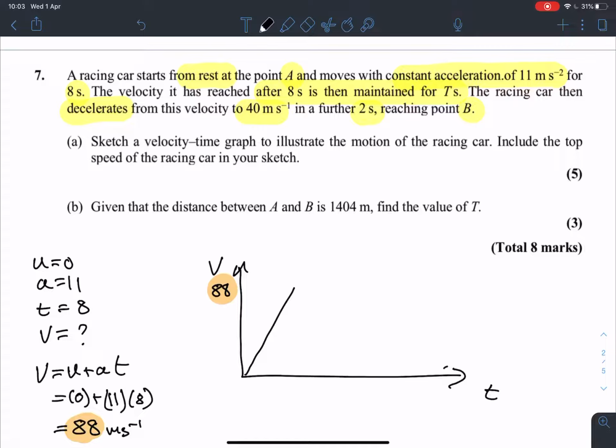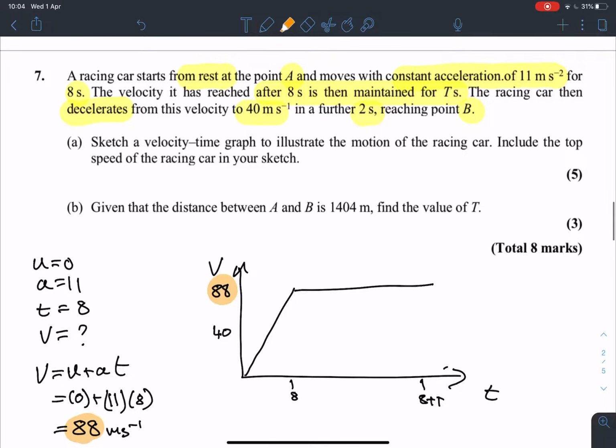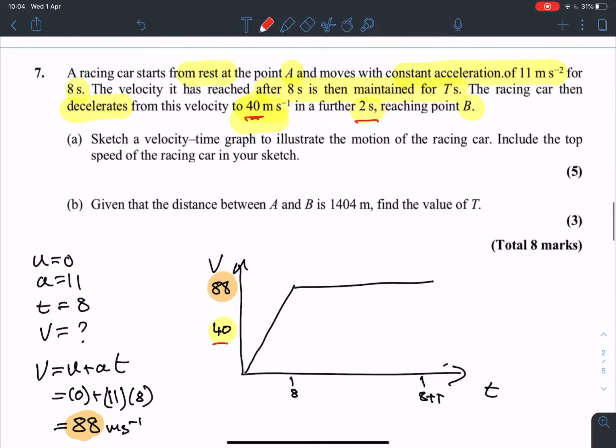And then we've got constant speed. That was acceleration for 8 seconds, constant speed for t seconds, so that's 8 plus t. And then it says it decelerates from this velocity to 40. So it's going down to 40 meters per second, that's that 40 there, and it's for a further 2 seconds.